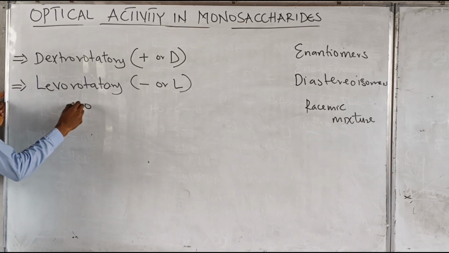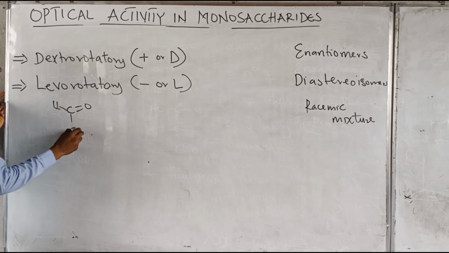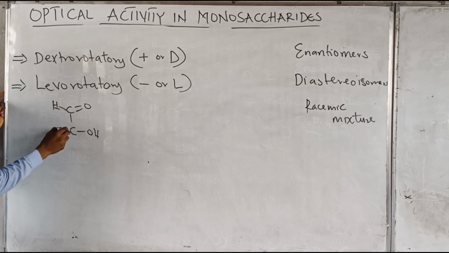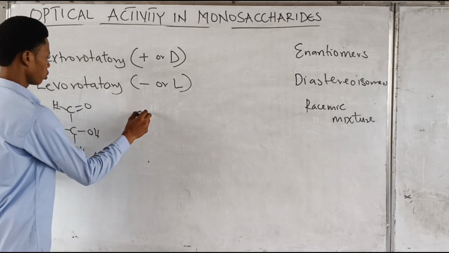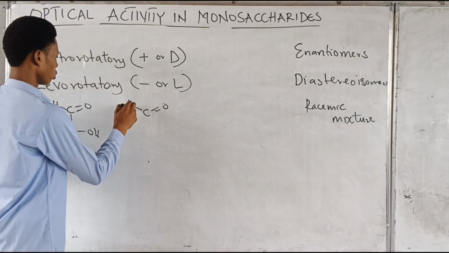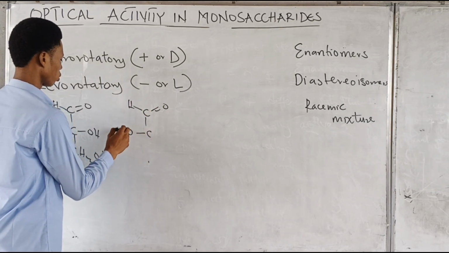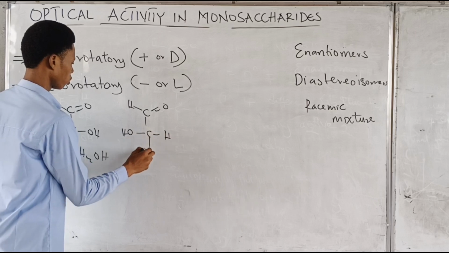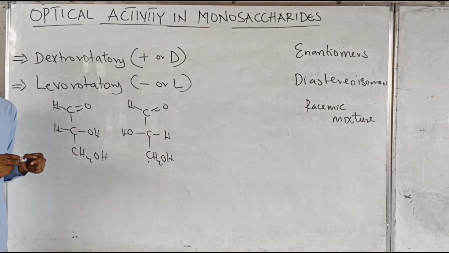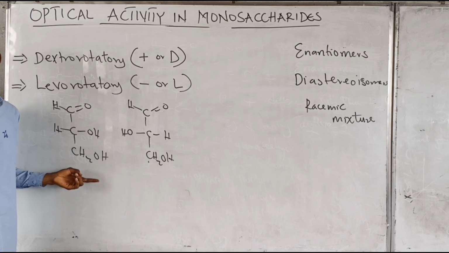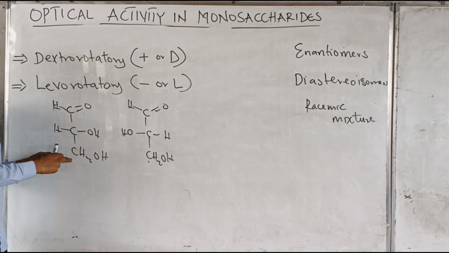So enantiomers, if you have a pair of optically active compounds, like take for example, if you have something like this, now this is the structure of what? Glyceraldehyde, right? But here, is this D-glyceraldehyde or L-glyceraldehyde?